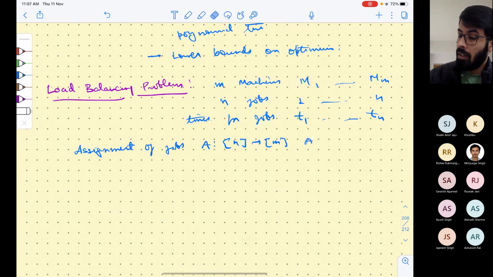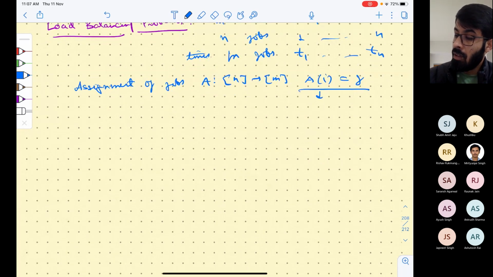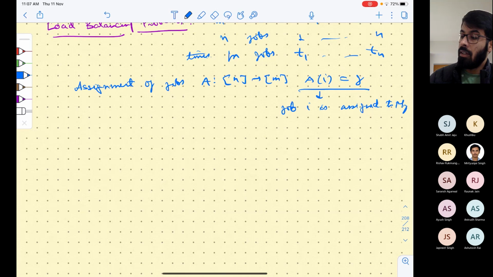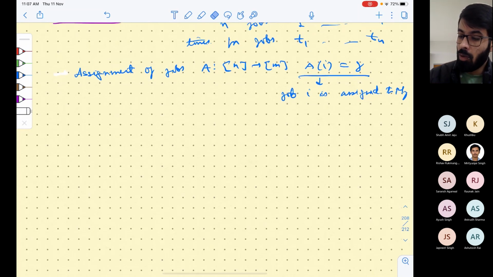So if A(i) is equal to j, that means job i is assigned to machine Mj. So this is what we are going to look for, the assignment. And what is the quantity?